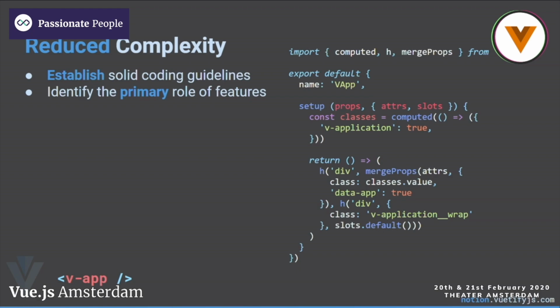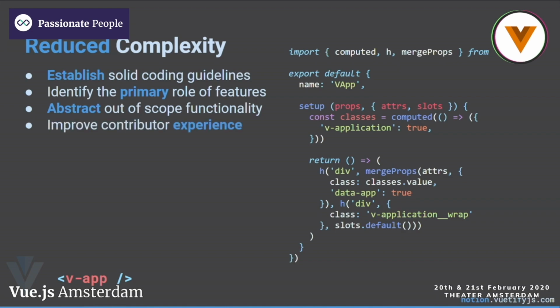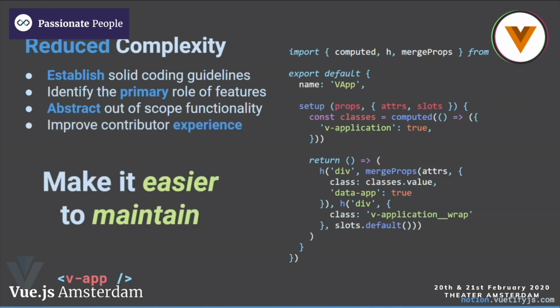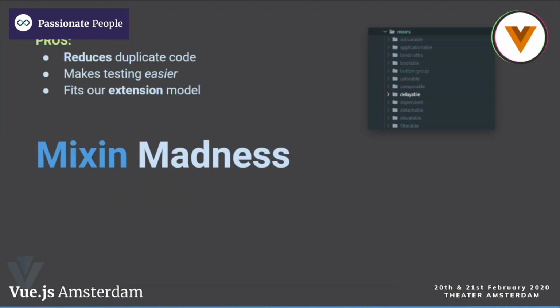It's a trap component. There's tons of features you can add that makes it extremely good, but it doesn't fit for everyone. So we want to make sure that we have a really defined purpose for a component. And if any features or functionalities are not useful there or duplicated, we pull them out. And again, we just want to improve the contributor experience, make it easier for us to maintain, and give more opportunities for Vuetify to grow.